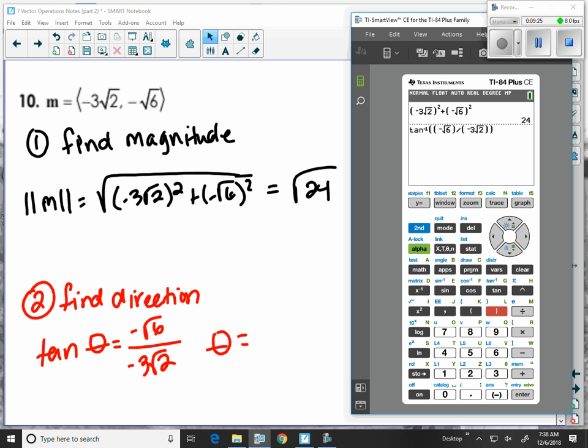Good. So you'll notice the whole thing is in parentheses, and then my numerator's in separate parentheses from my denominator. Okay, you should get 30.